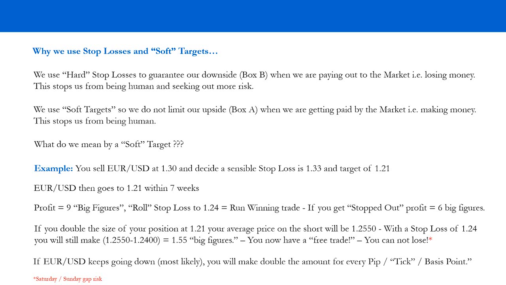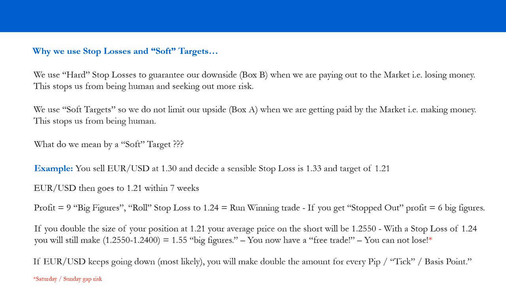Now, if you roll your stop loss down at exactly the same time to 124, if you get stopped out, so if euro dollar goes from 121 to 120 to 124, therefore you getting stopped out, you're going to make 125.50 minus 124, so 1.55 big figures. So 1.5 big points, essentially.